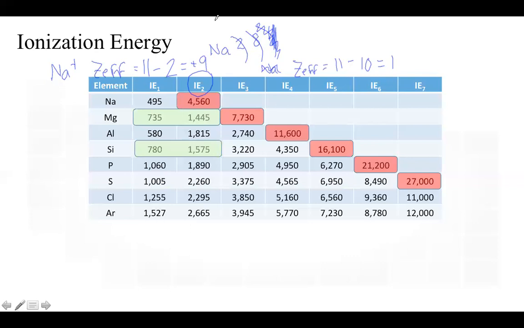So again, moving in another energy level puts those electrons closer to the nucleus, which increases the attraction between the nucleus and those electrons, which means you're going to have a huge increase in ionization energy when you're moving from the valence shell to a new inner level.